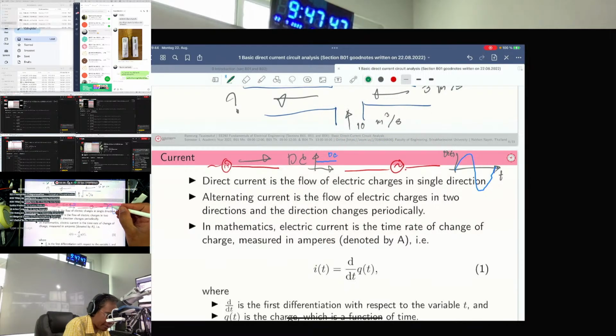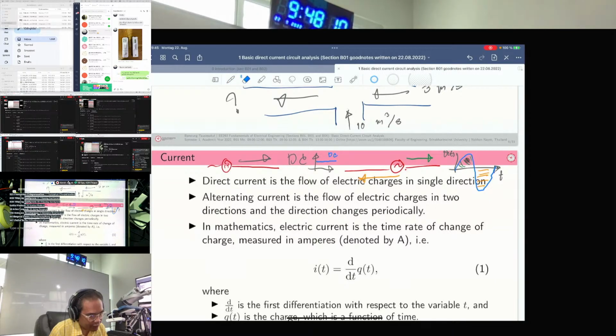During this time, this area, the current flows in this way. And during this other time, we have something like this. The current flows in this way. All right, it depends on the time you observe.